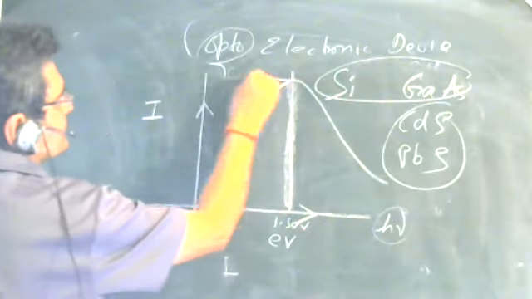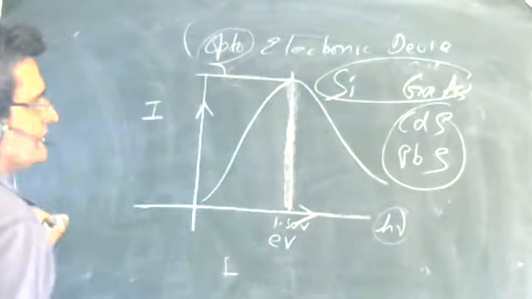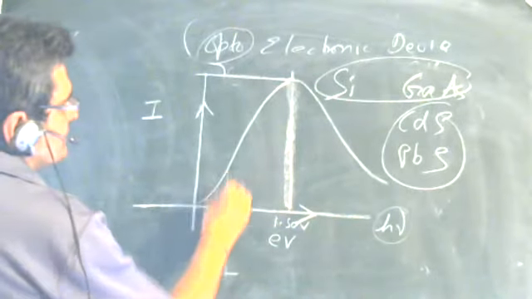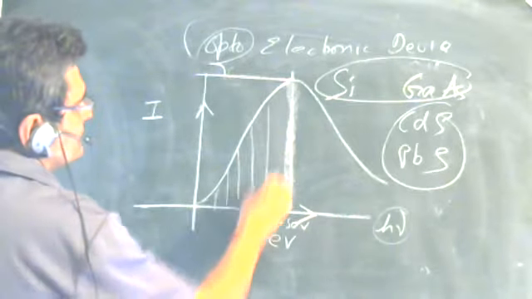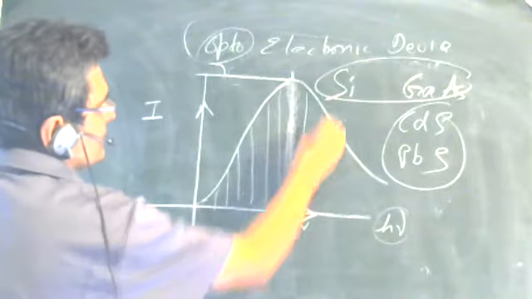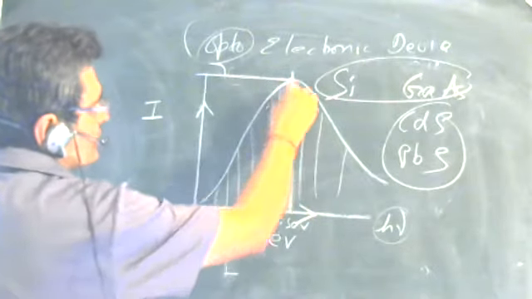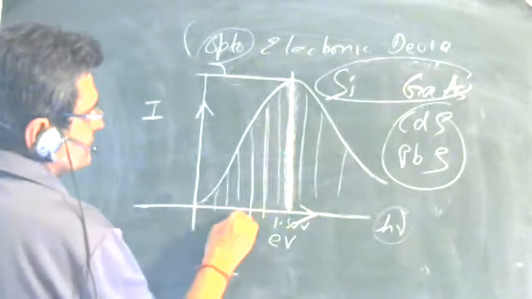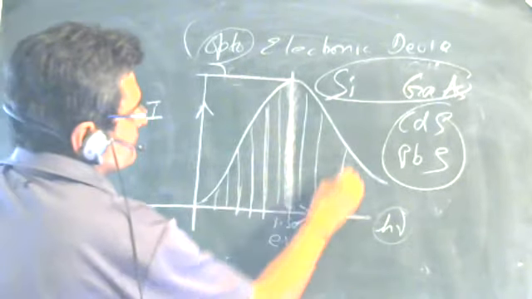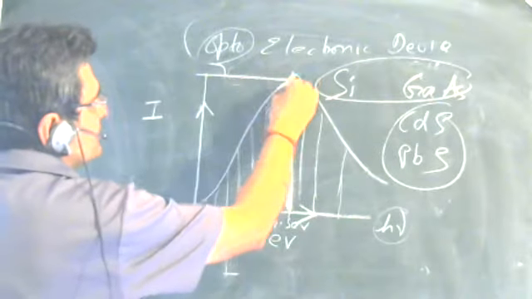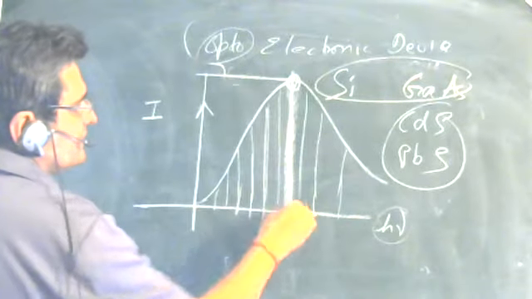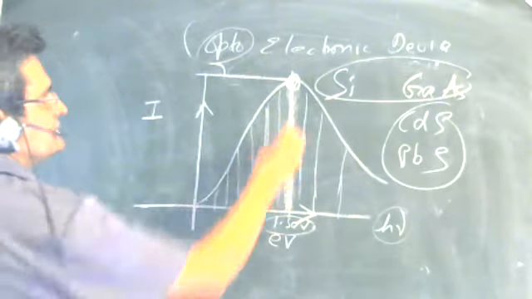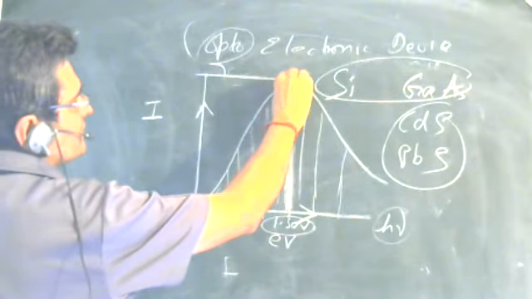Solar radiation doesn't comprise a single energy. It is not that all energy is at 1.5. You have different levels. There is greater than 1.5 also, but the maximum radiation has 1.5 eV. So the majority of the radiation has 1.5 eV.